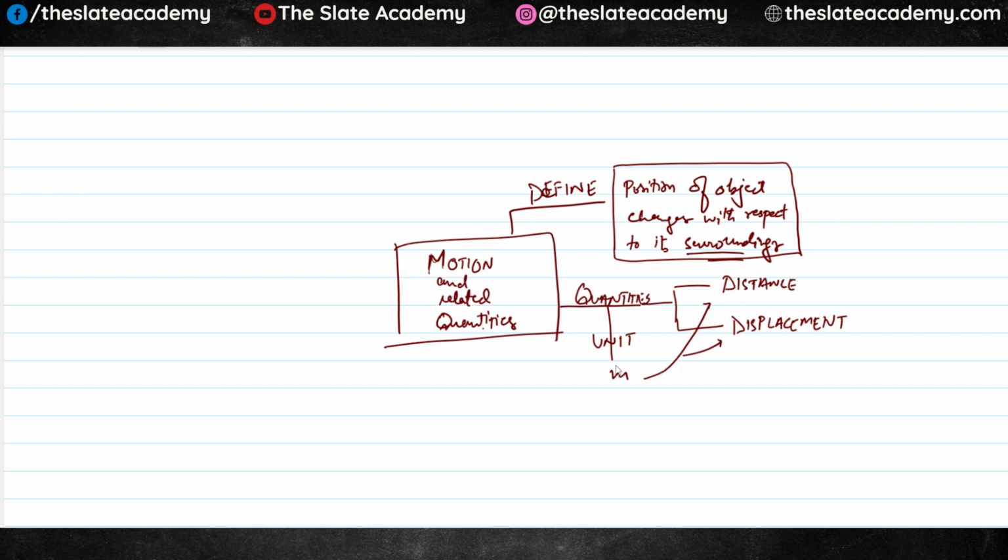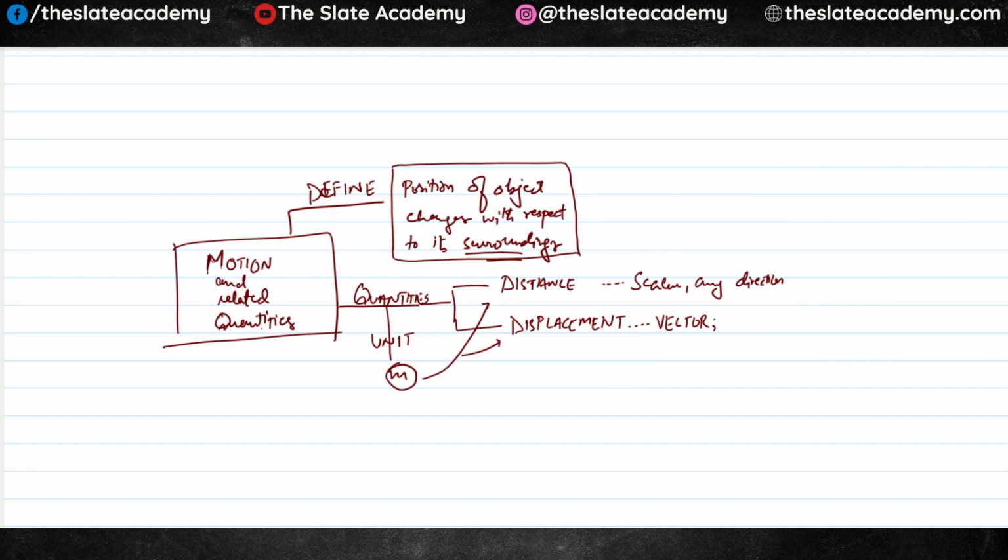Then the difference between distance and displacement: distance is scalar, and it is therefore in any direction, regardless of direction. Displacement, however, is vector, which means it has to be in a particular direction.